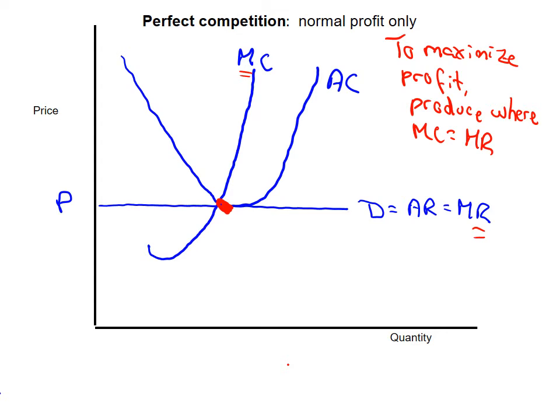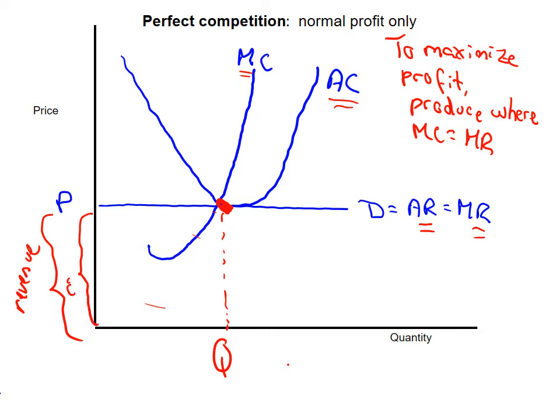Now we're going to forget about MC and MR and call this Q. Then we pay attention to average revenue. At that quantity, this whole box would be revenue. Then we'll look at average total cost, and for this quantity, all of this is going to be the cost. We have revenue equals cost, and so we have normal profit only.